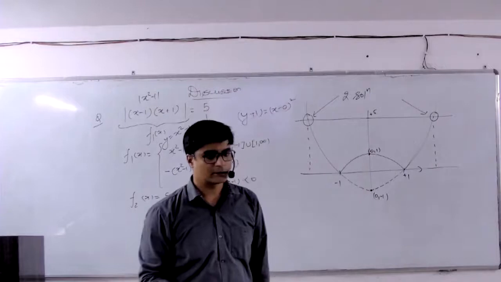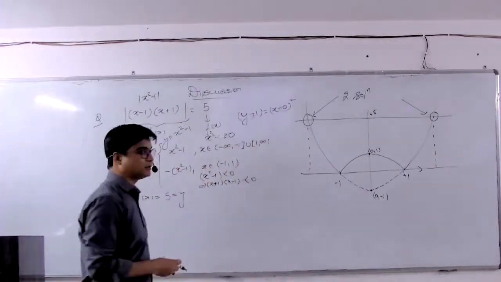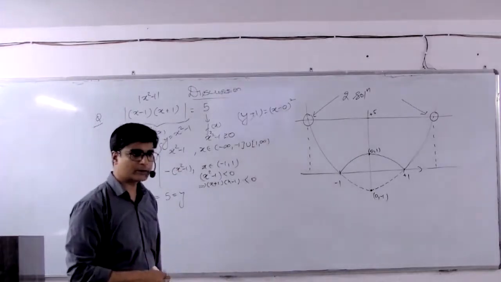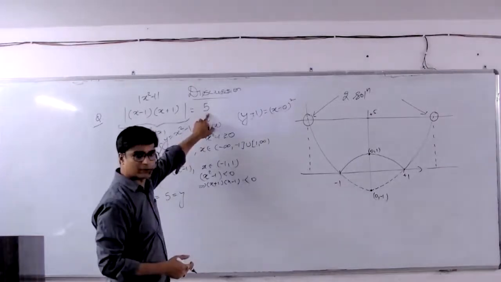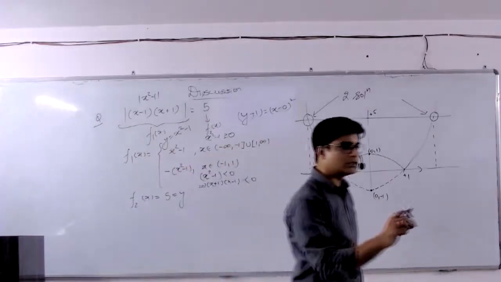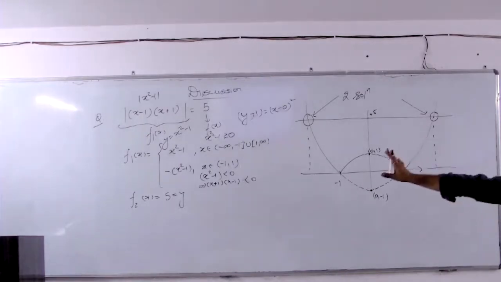Now understand how the graphical method gives us more information. Okay. Sometimes questions will not give the value of 5. They will not give you the value of f of 2x. They will give you some constant, let's say a. Understand this? Have you understood this part?